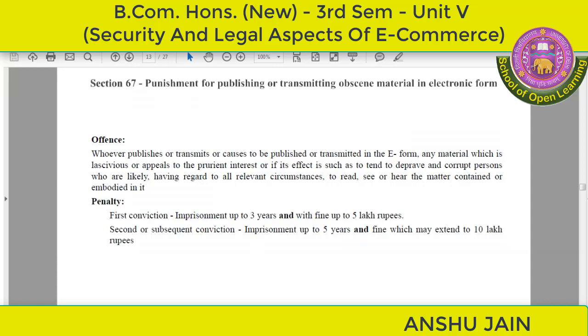Then the penalty, if it is done for the first time, will be imprisonment up to 3 years along with a fine up to 5 lakh rupees, and subsequent conviction is there.